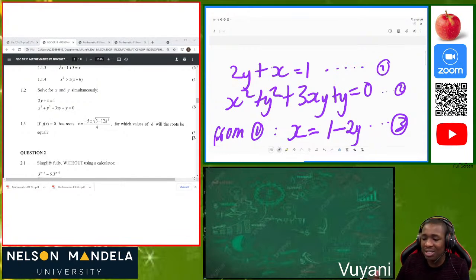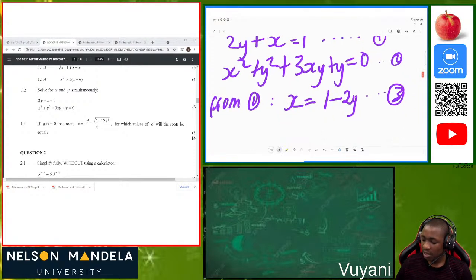So that linear function, formulate that one and have a subject of the formula. In this case, I made x the subject of the formula and transposed 2y to the other side, then it was negative 2y.